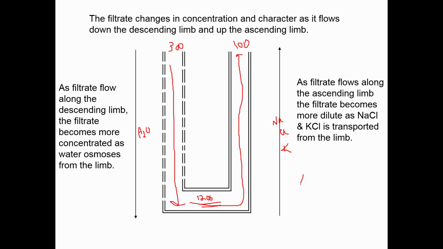So let's say we make 600 milliosmoles of waste per day, and we can only make the urine up to 1200 milliosmolar per liter, then it means we have to make 0.5 liters per day. So humans have to drink water.